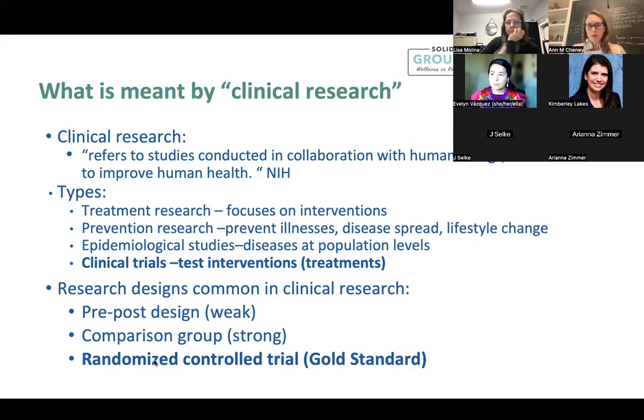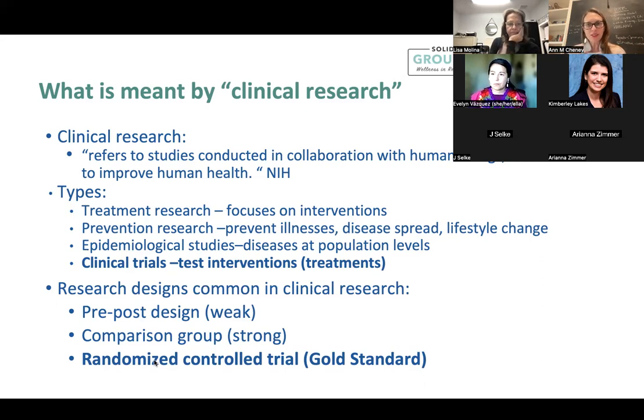This is considered the gold standard because when we can place participants in a study into one of two groups at random, it allows us to better understand if it's the intervention that is really making a difference in terms of our outcome variables. So that's why we consider randomized controlled trials to be incredibly important within the context of clinical research.